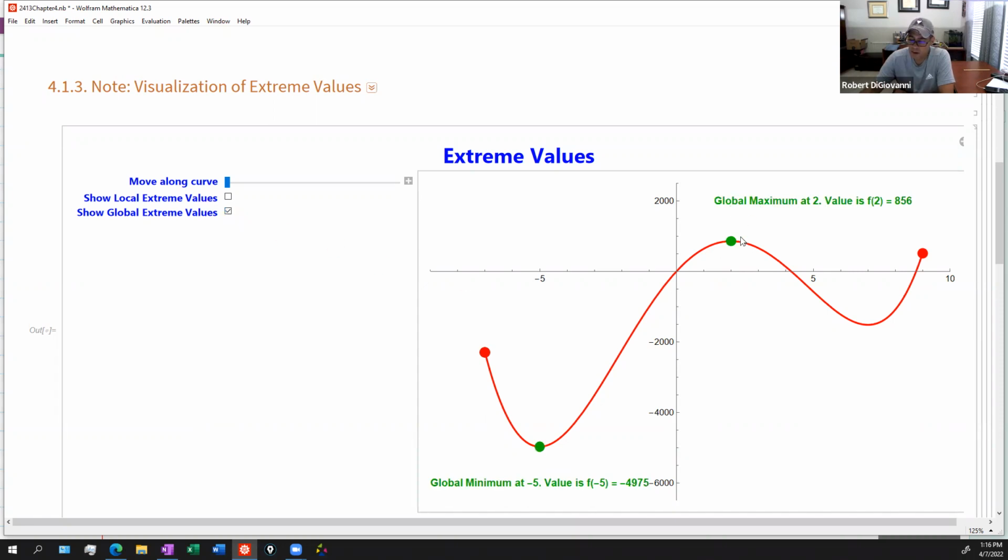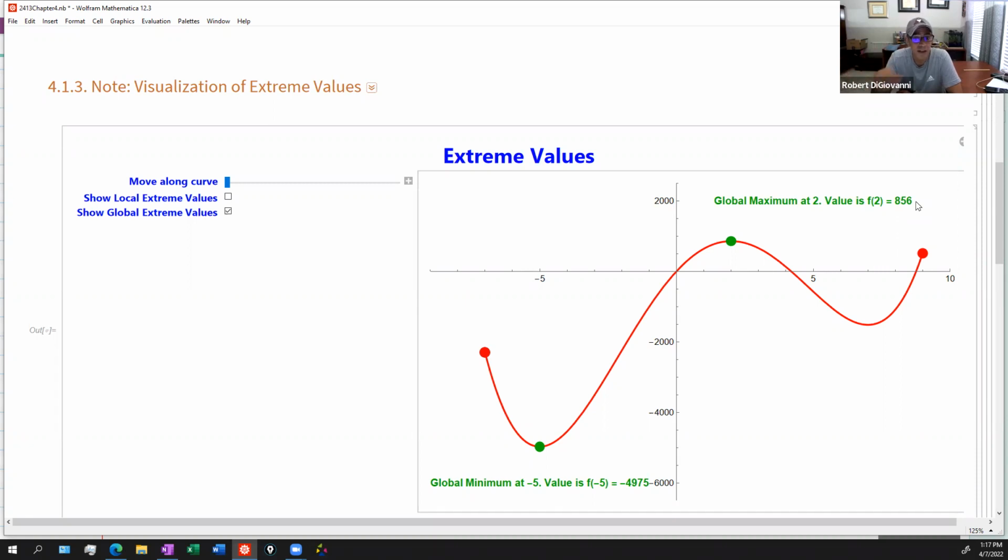This green point right here is the global maximum. It happens when x is 2. You can kind of see 1, 2, 3, 4, 5, so it happens at 2. When you plug 2 into this particular function, I have the computer doing it, I haven't given you what the function is, you get 856. So the absolute maximum of this function is 856.